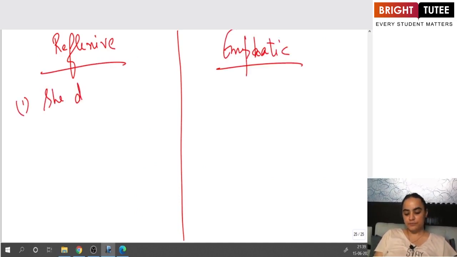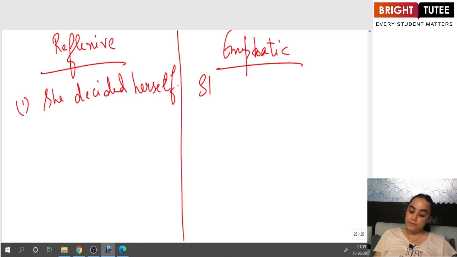Let me give you a clear distinction between a reflexive and an emphatic pronoun. She decided herself. Okay? An emphatic would be she herself decided.